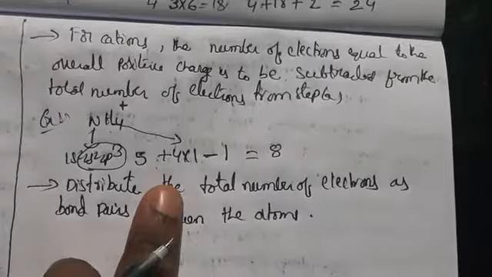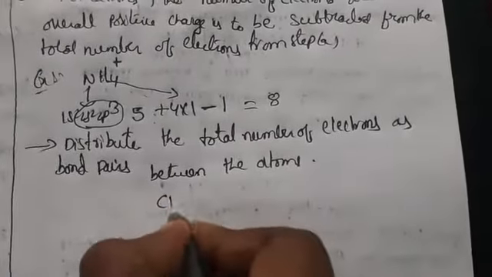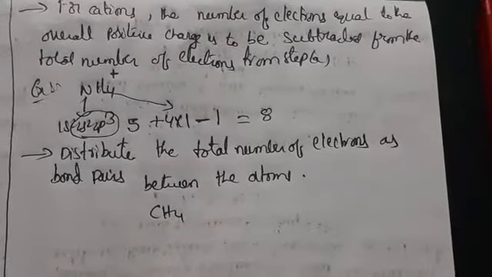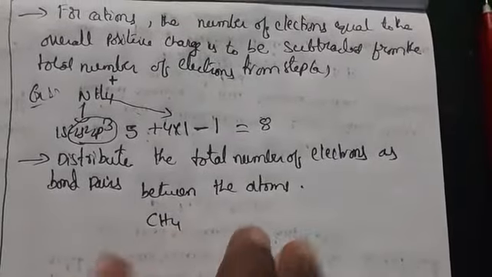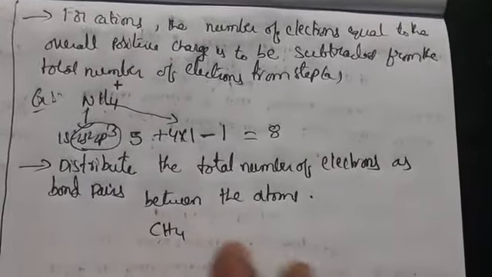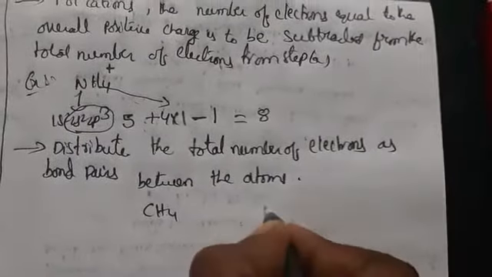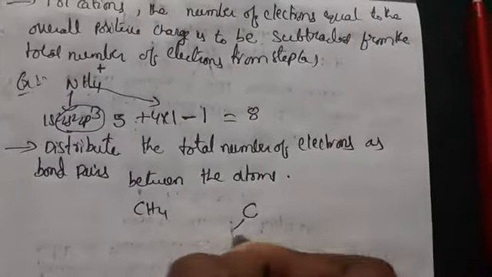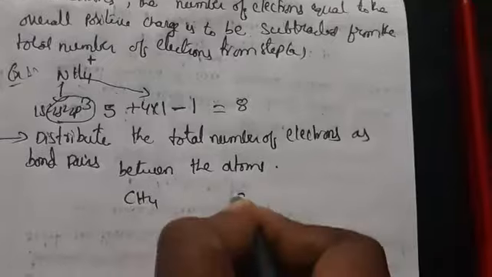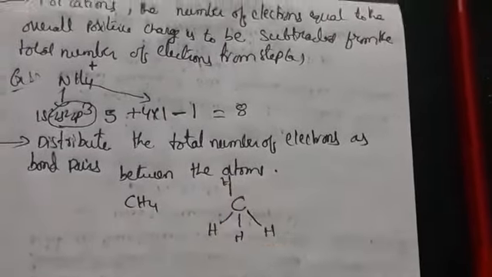For example, I am taking CH4. Whenever I am taking CH4, by this we have to draw bond pairs. By this the structure is known. So here hydrogen, hydrogen, hydrogen, CH4. So this is nothing but bond pairs.